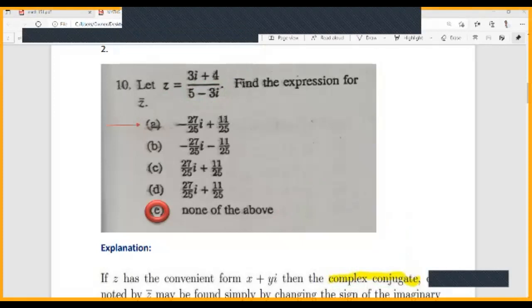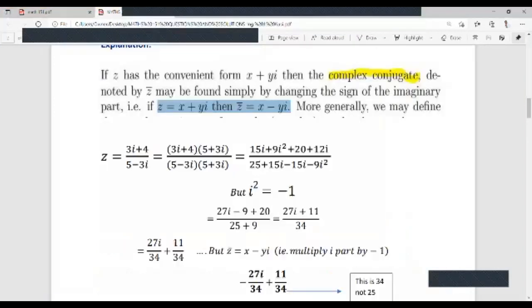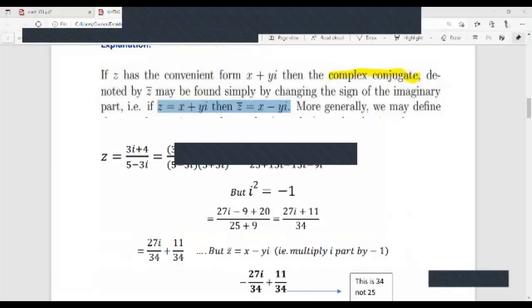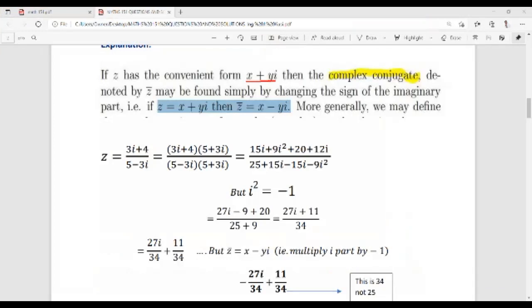So the explanation is, if Z has the conventional form x plus yi, meaning that if you write Z equals x plus yi, this is the real part and this is the imaginary part, then the complex conjugate of it, denoted by Z dash, is x minus yi.